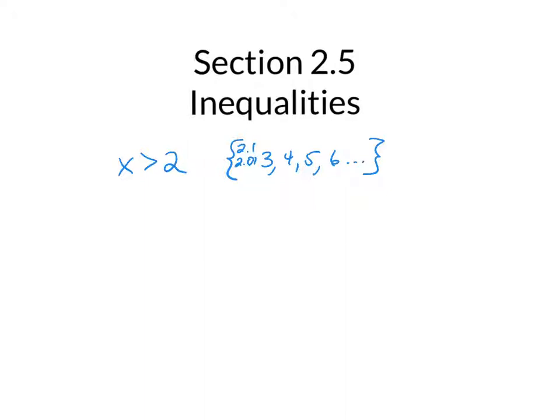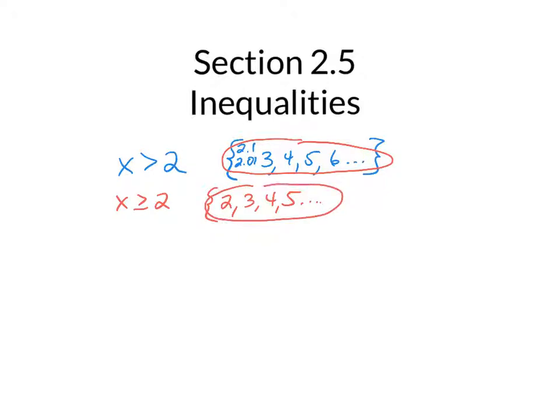If you are given this symbol, and it is an underlined symbol, that means x is greater than or equal to 2. So once again, if I want to write the set, I would be doing 2, 3, 4, 5, and so forth. But once again, remember that for both of these, I'm not just talking about integers.